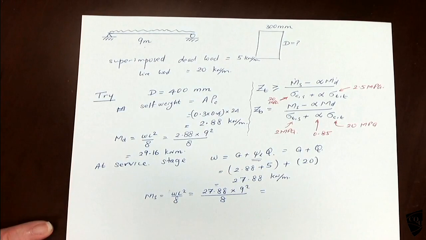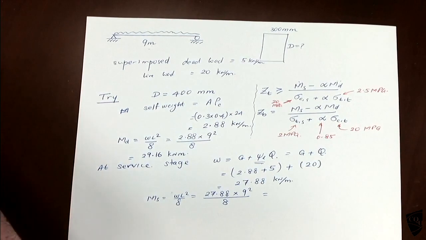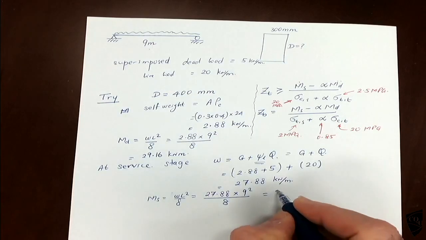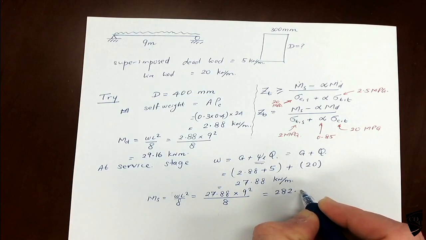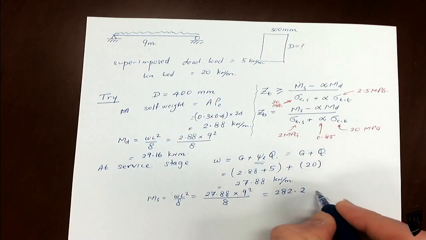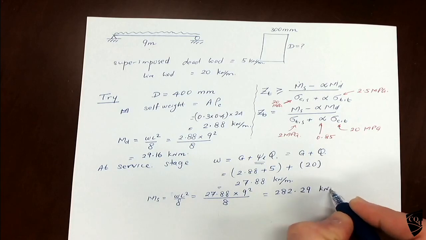So 27.88 times 9 squared, that gives 282.285 kilonewton meter.